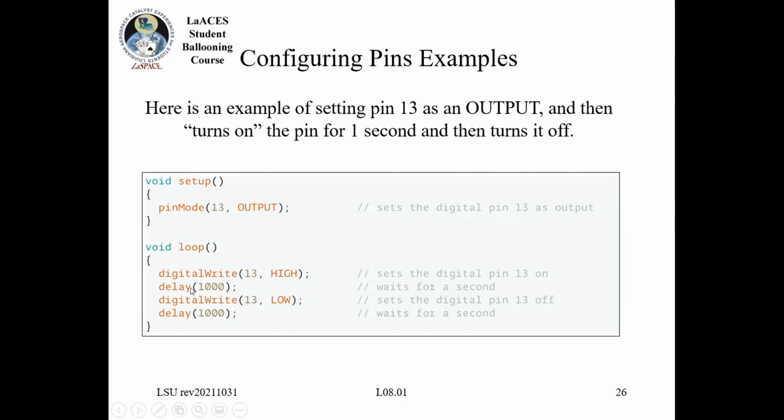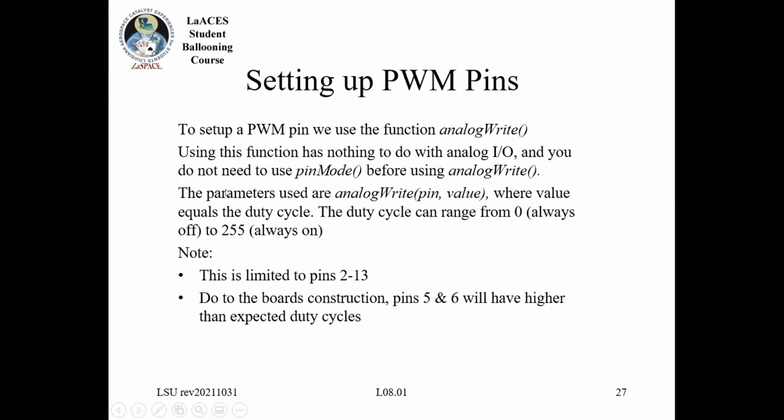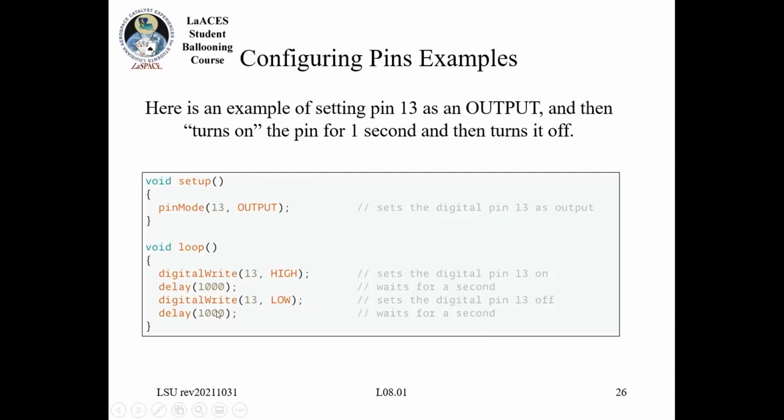And then I wait. This delay is just wait for X number of milliseconds, so 1,000 milliseconds in this case. So wait for a second and then set the pin low, right? So this is what this program is going to do: basically start up, set the pin to output, set it to high, wait a second, set it to low, wait a second.